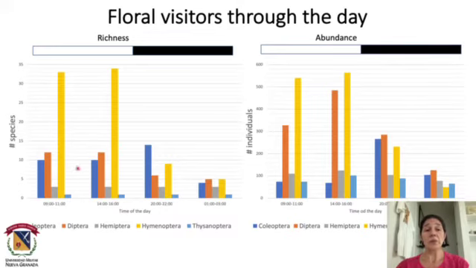Diptera are low in species but high in numbers, and Coleoptera are co-dominant during early hours of the night. Here we can see that both diversity and abundance of insects at night cannot be disregarded, and in future studies, afternoon and night hours need to be included if we want to understand pollination of cocoa more thoroughly.